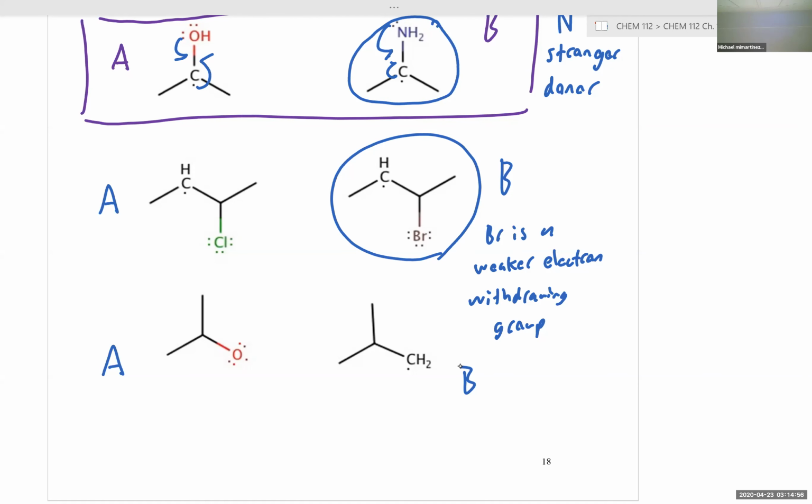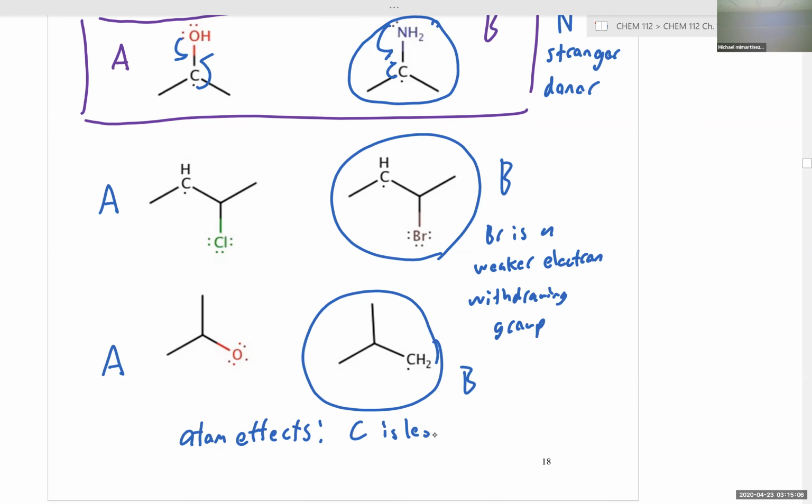I see a lot of people typing B. That is correct. In terms of atom effects, carbon is less electronegative, and as a result, it's more readily able to stabilize the electron deficient radical.